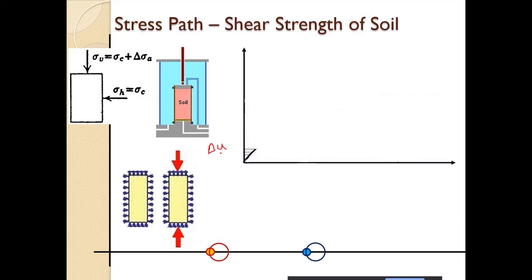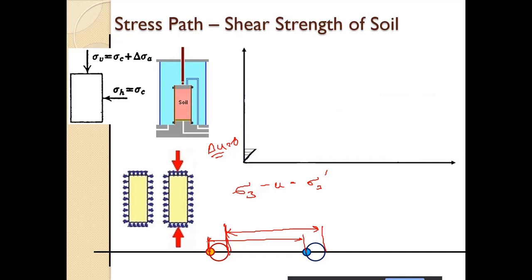All right, so here what happens as we go on now applying the deviatoric stress, delta U is equal to 0, U is constant, so this difference is equal to this difference. Okay, so what is this one? So this is sigma 3 minus U, which is equal to sigma 3 dash.